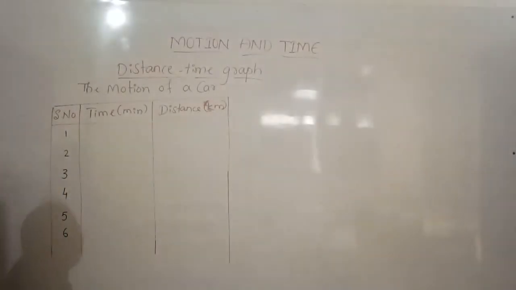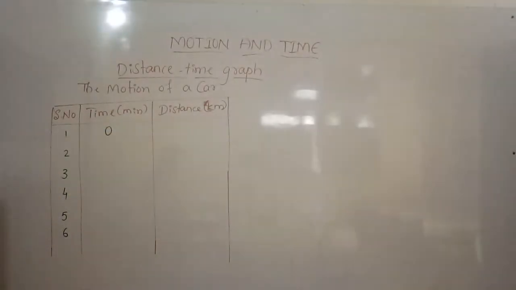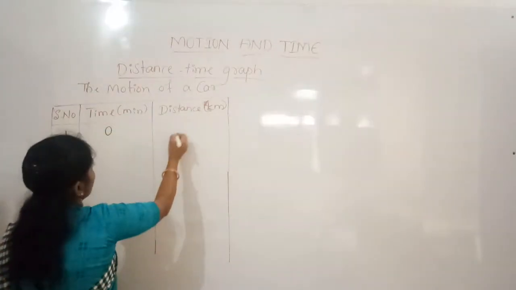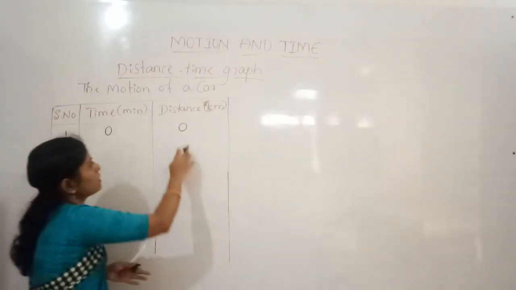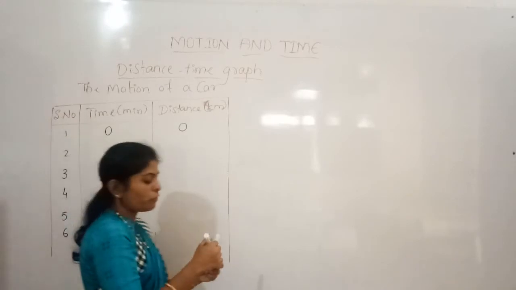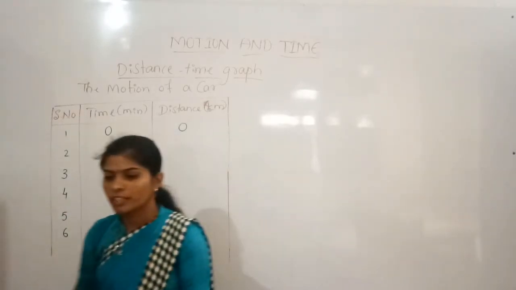And the first one, time is 0, means initially it will be 0, the car is stationary. The car starts initially at 0 minute, and the distance covered will be 0.